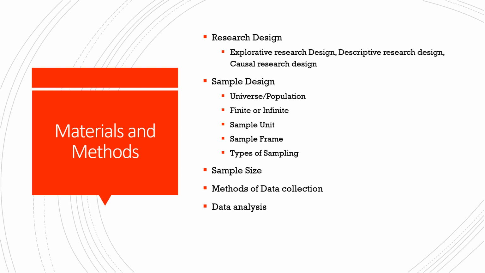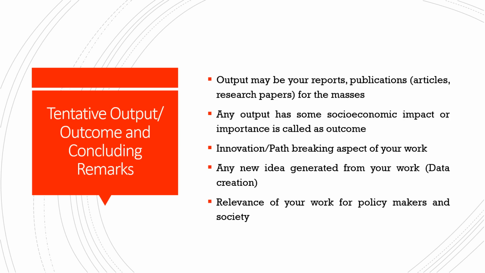Numbers of times, what type of statistical analysis you should do also depends on the sample size. Then you go for the methods of data collection, whether it is observation, questionnaire, schedule, or interview methods, then go for the data analysis. All these things need to be highlighted in your materials and methods.